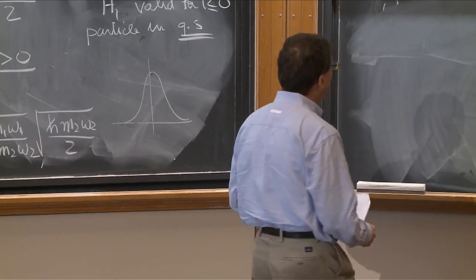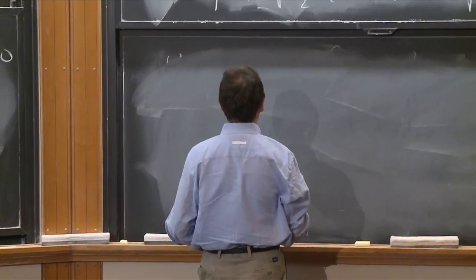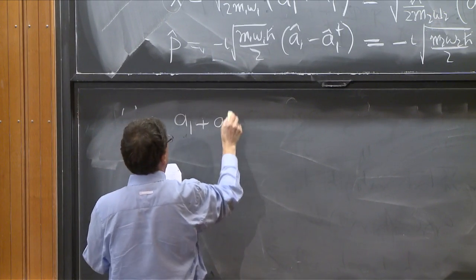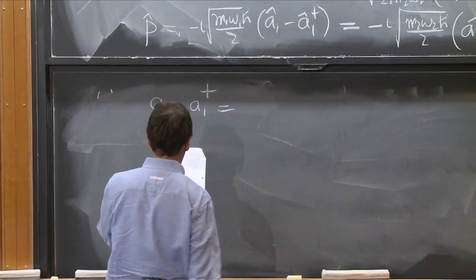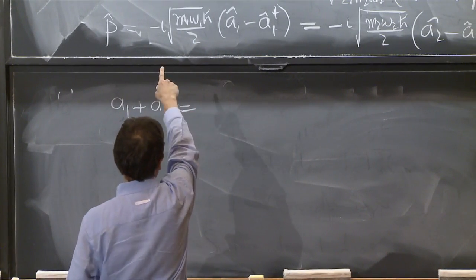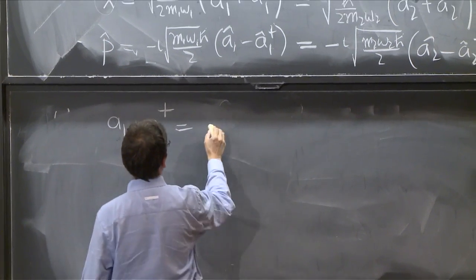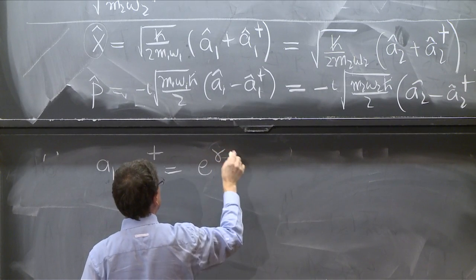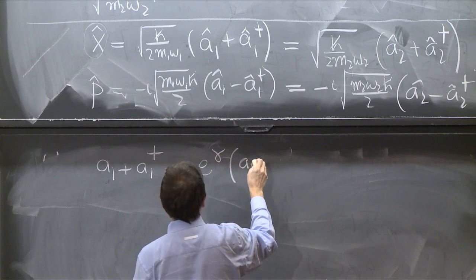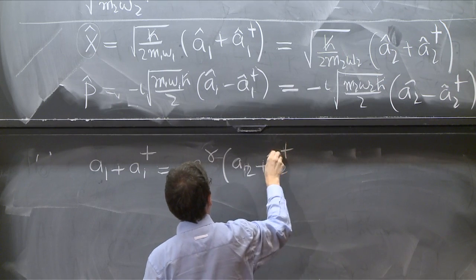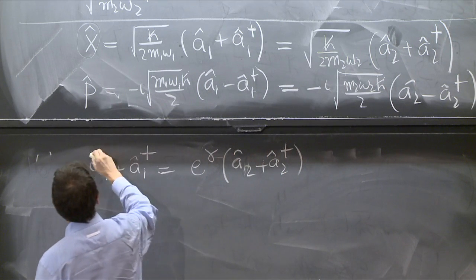So what do we get, in fact? Well, the constants disappear from the first equation roughly, and you get a1 dagger plus a1 is equal to the ratio of m1 omega 1 over m2 omega 2, so you get e to the gamma, times (a2 plus a2 dagger).